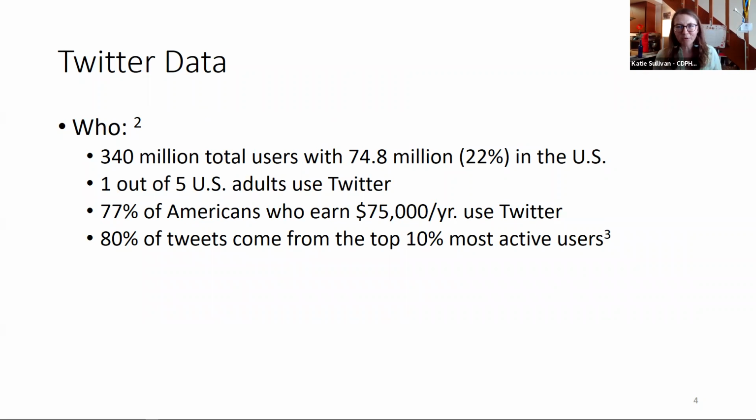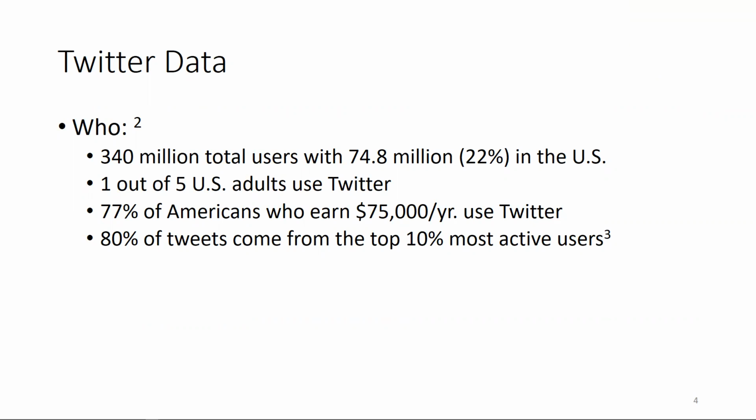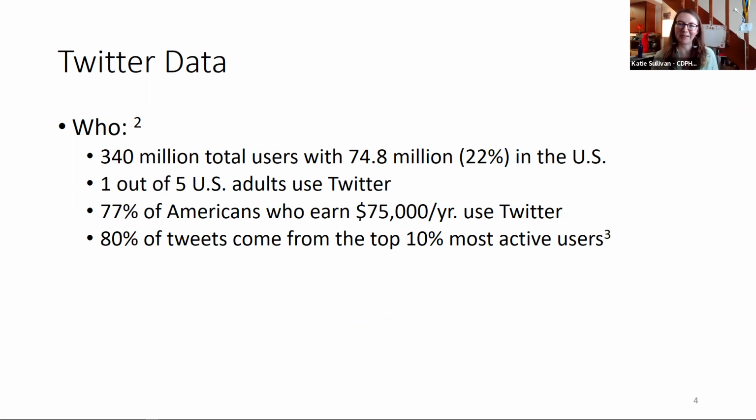So of course, it's important to know who uses Twitter and to reflect on how that may bias any conclusions that we make in a study that uses Twitter data. Twitter users tend to be younger. They tend to be more affluent. And they tend to be what we might call politically left-leaning. In addition, research shows that about 80% of tweets actually come from the top 10% of users.